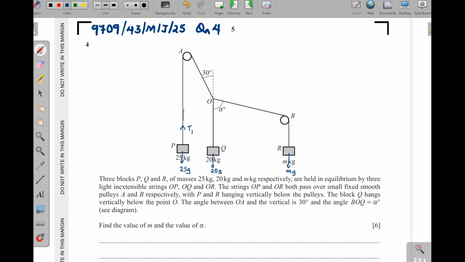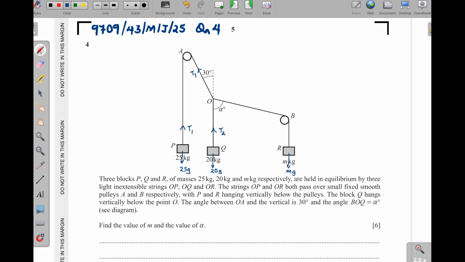Since this one is the same string, even this one will have a tension. So that one is going to be T1. There will be that tension T1. And then looking at this one here connected to O, there is going to be another tension here, which can be T2.